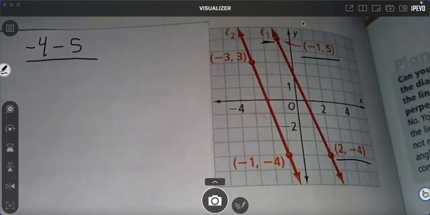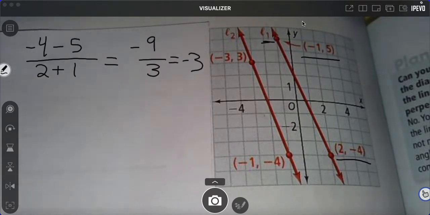Same order. Let's subtract the x's. 2 minus negative 1. Notice I changed it, right? So what do I get for this slope? Negative 9 over 3. What is that? Negative 3. So that is the slope of line 1.